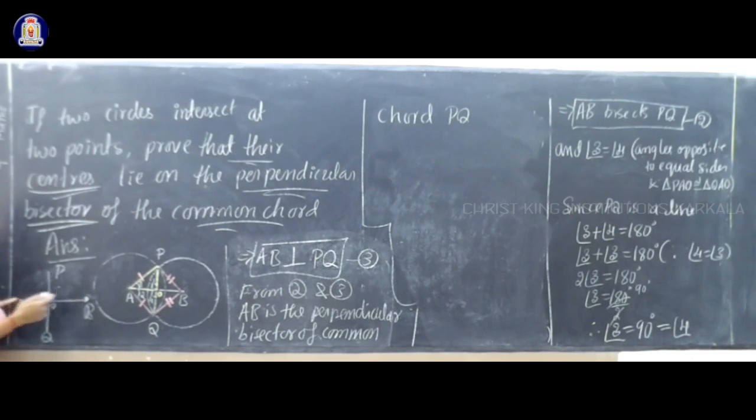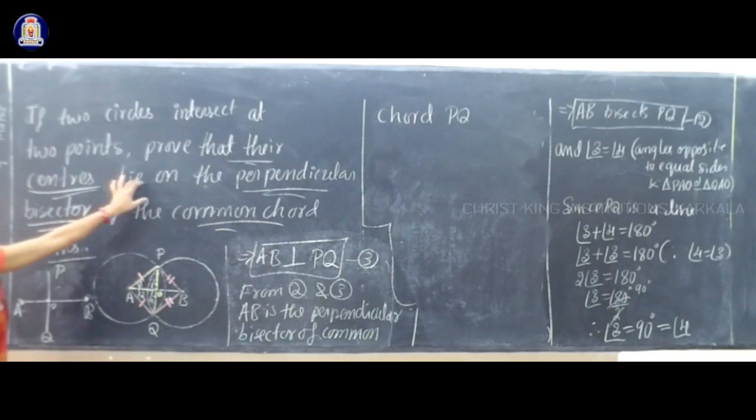Here you can see on line AB we have the centers of these two circles. So AB is the perpendicular bisector of PQ. What we proved here is that the line segment joining the centers of these two circles is the perpendicular bisector of the common chord.